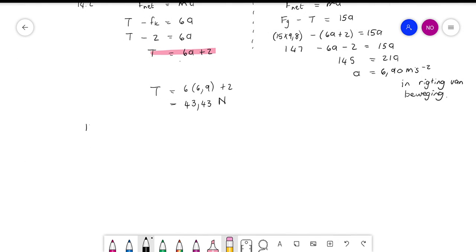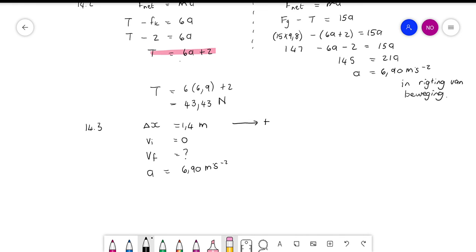So ons gaan hom nou weer 'n bietjie opmix met goeie ou bewegingsvergelykings. So I'm going to say delta x is 1,4 meters. I'm going to pick to the right as positive. Sy beginsnelheid is 0. Sy eindsnelheid is wat ons wil uitwerk. En versnelling is 6,90.